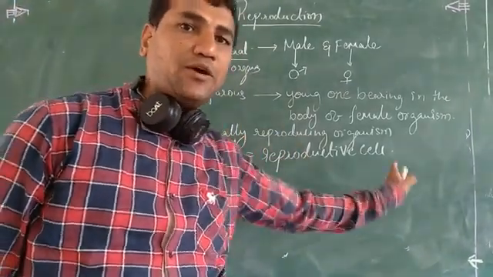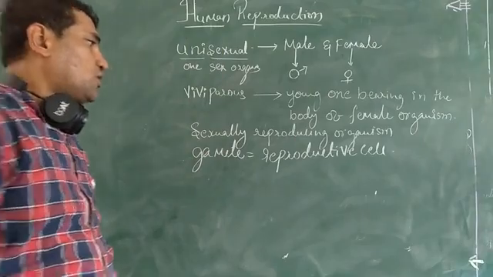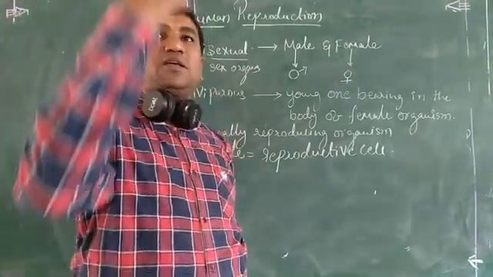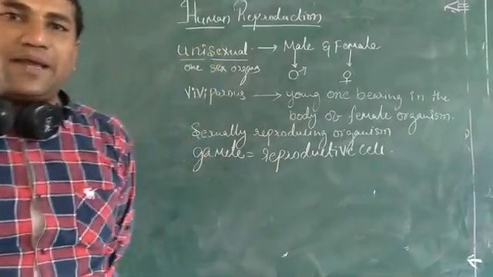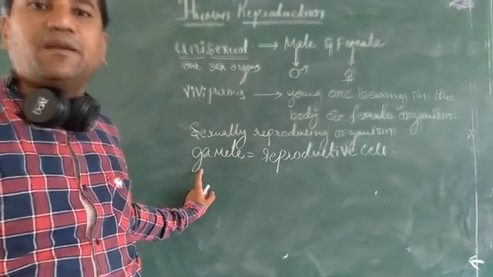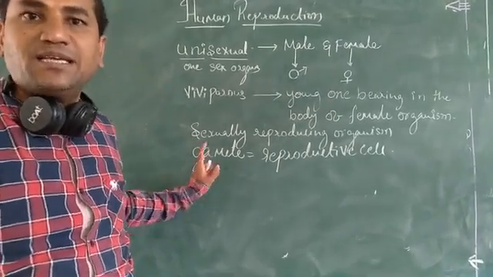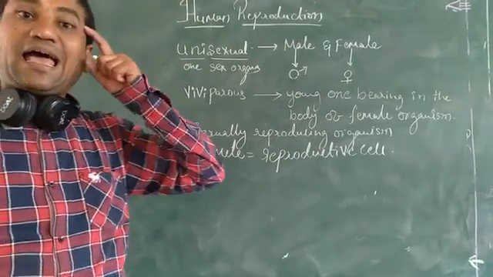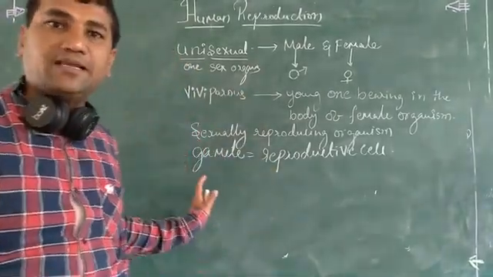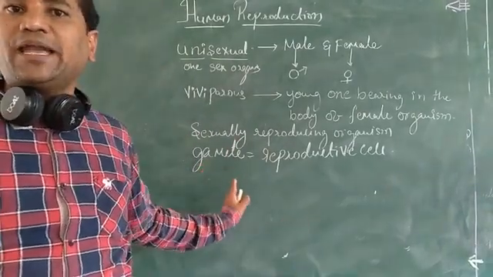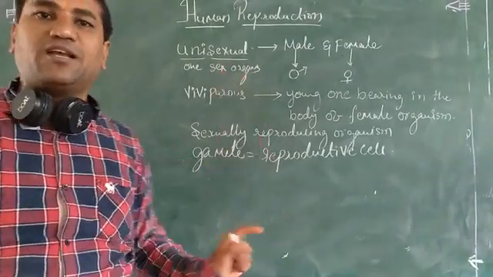If you want to remember in the future what a gamete is, G stands for gynoecium. In plants, gynoecium means the female reproductive part, and androecium means the male reproductive part. Mate, M-A-T-E, means fusion.